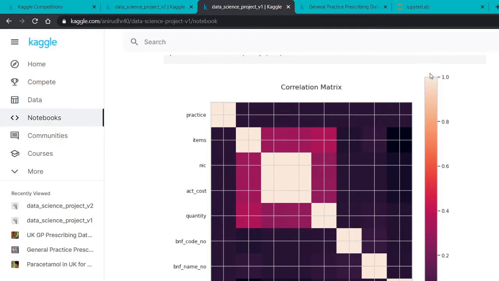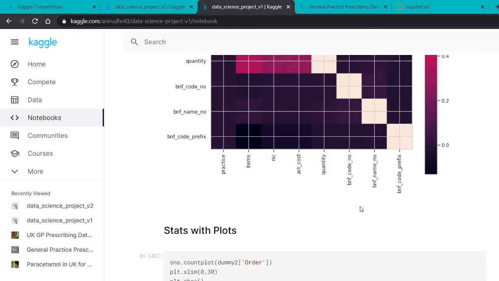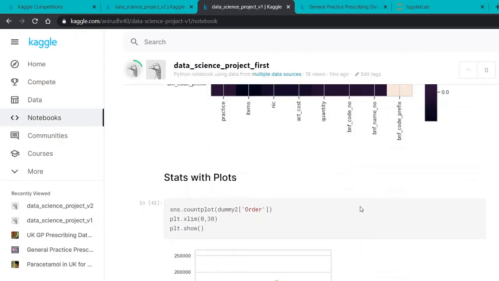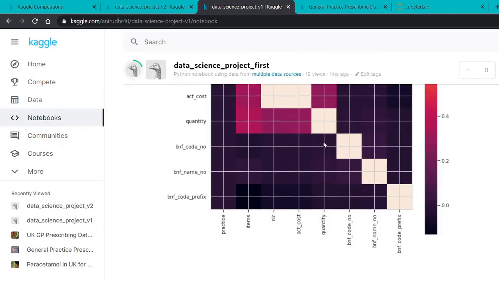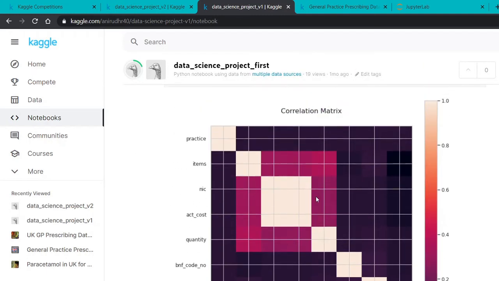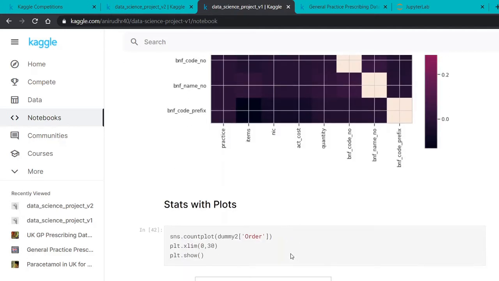The correlation coefficient values are pretty close to one, and you can see it through the heat map present here. Quantity and NIC are also correlated, but not at a higher level, and quantity and ACT are also correlated. Those are a few things that we thought.